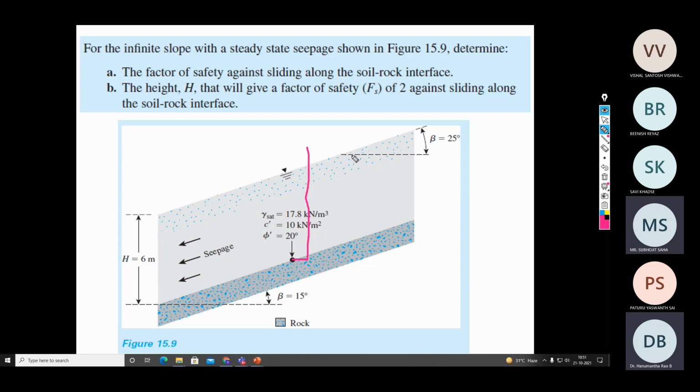Up to the ground level. Are you sure? I think it is below the ground level, up to the seepage pressure.